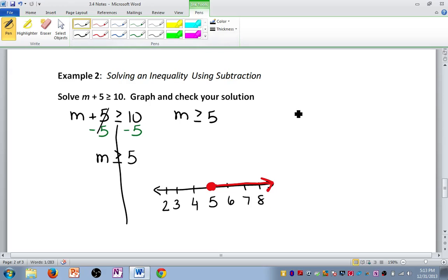Now, when you check an inequality, in this particular inequality, if m can be equal to or greater than any number greater than 5, when you're checking, you can choose any number greater than 5.